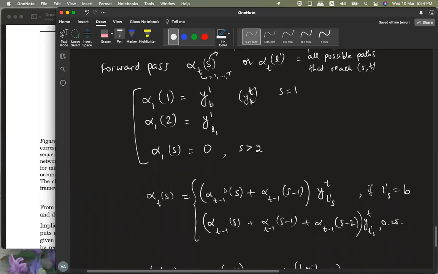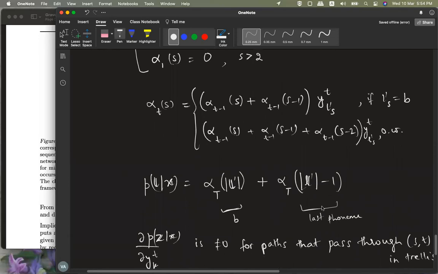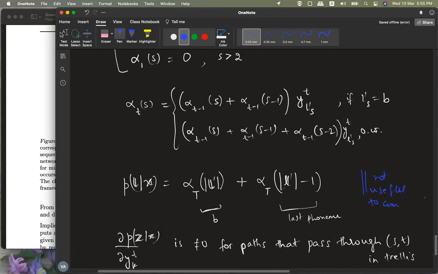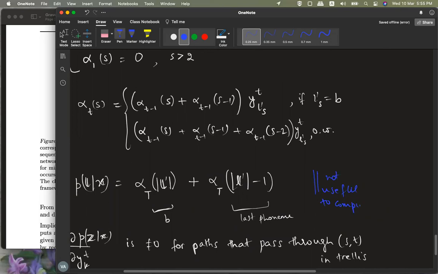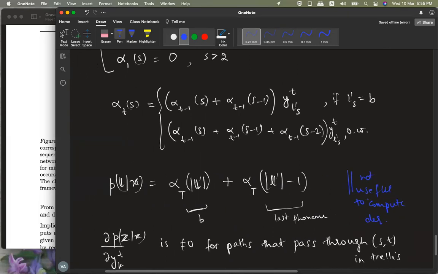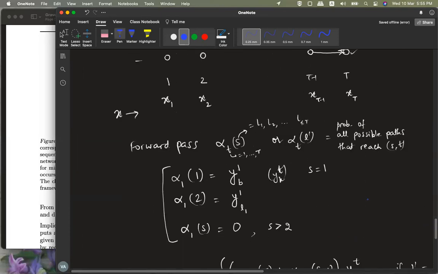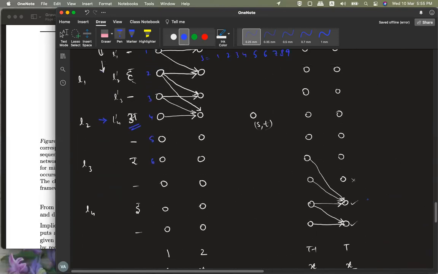This formula is not useful to compute derivatives, right?